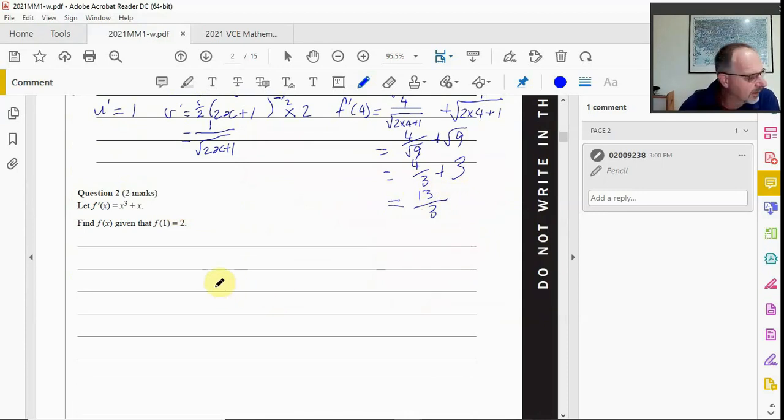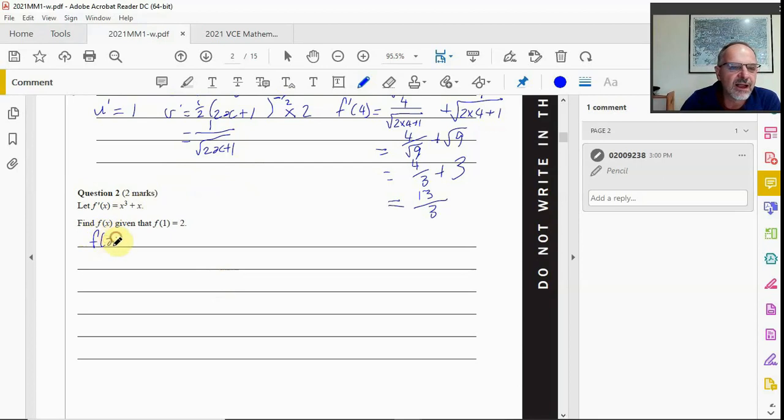All right, so the next one: f dashed x is x cubed plus x, and we want to find f(x) given that f(1) is 2. All right, we'll park the f(1) equals 2, and we'll use that later.